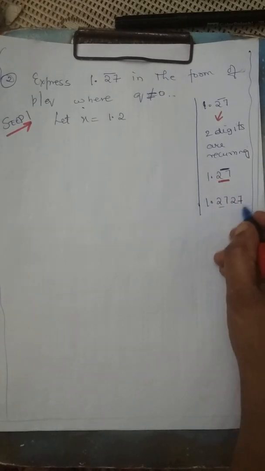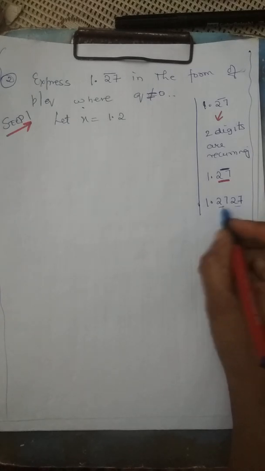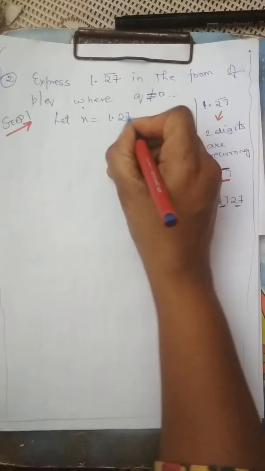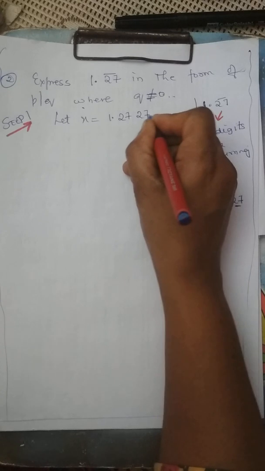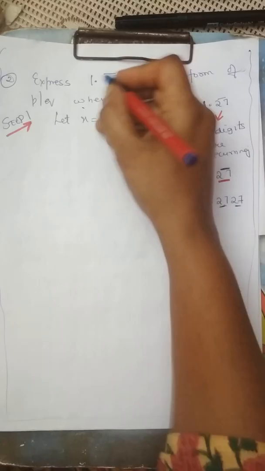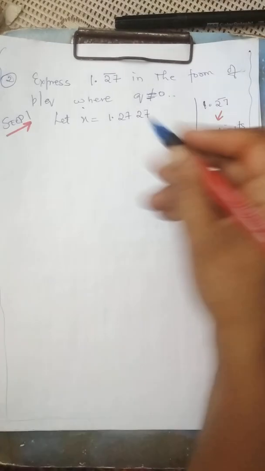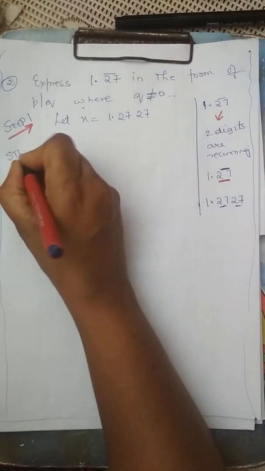Okay. So yeah, you can take 2 pairs because we already got 4. So 2 times 27 is repeating. So we write it this way. Okay. So to remove this bar and then express here. So 2 digits recurring. So this is step 1.